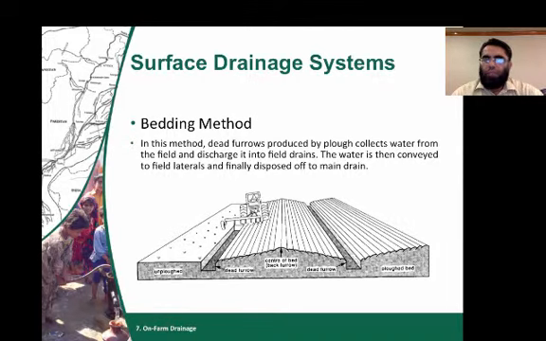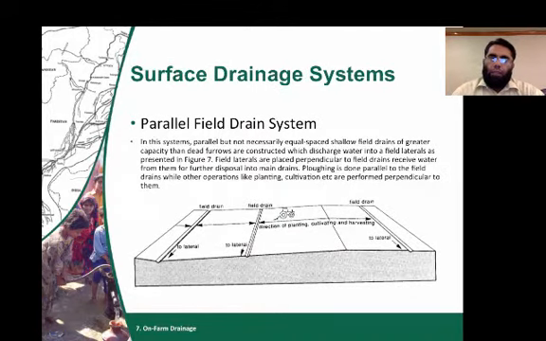This water is then conveyed and finally disposed of to the main drain. The next method is the parallel field drain system. In this system, parallel but not necessarily equally spaced shallow field drains of greater capacity than dead furrows are constructed, which discharge water into the field laterals, as you can see in the figure.